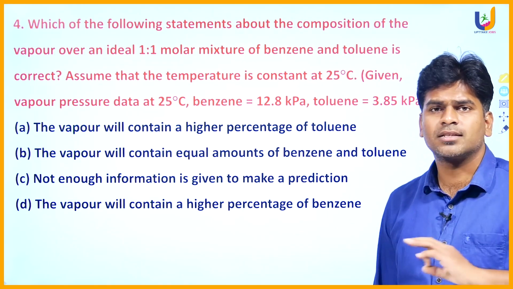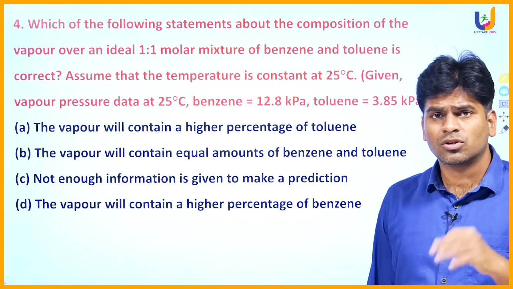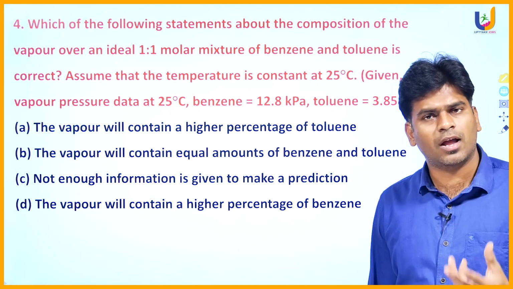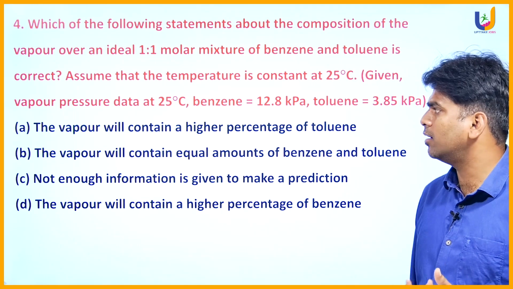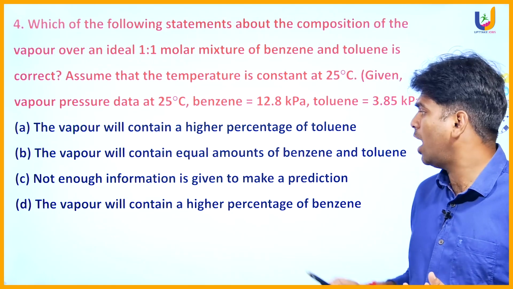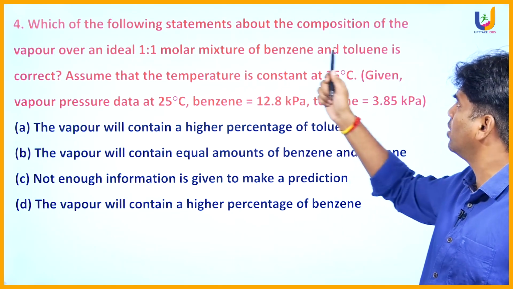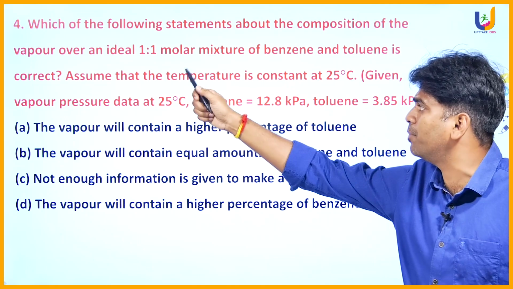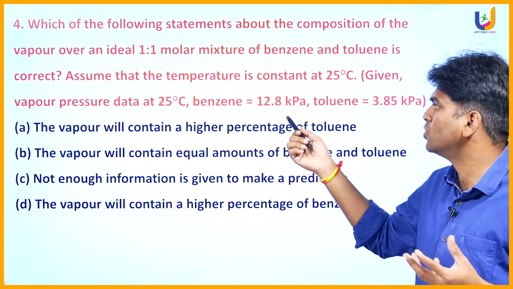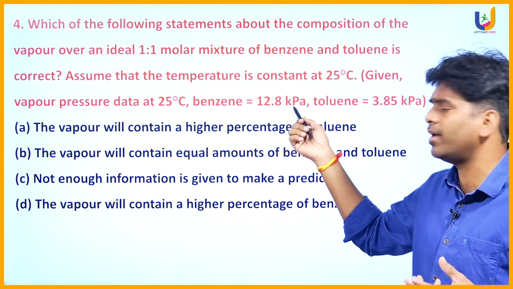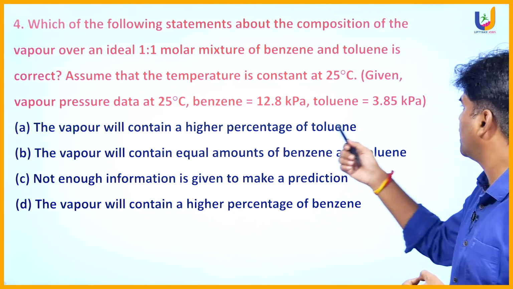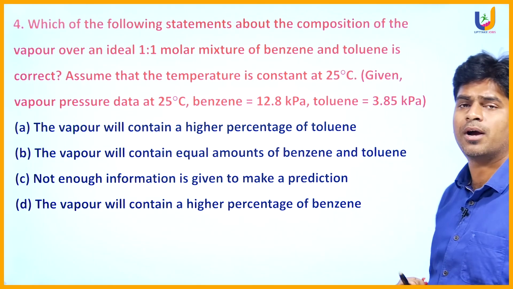Whichever has the highest vapor pressure will have a higher Kf value and Kb value also, and even their molality is more. As per this data, which of the following statements about the composition of the vapor is correct? Benzene has 12.8 kilopascals and the pressure of toluene is 3.85.